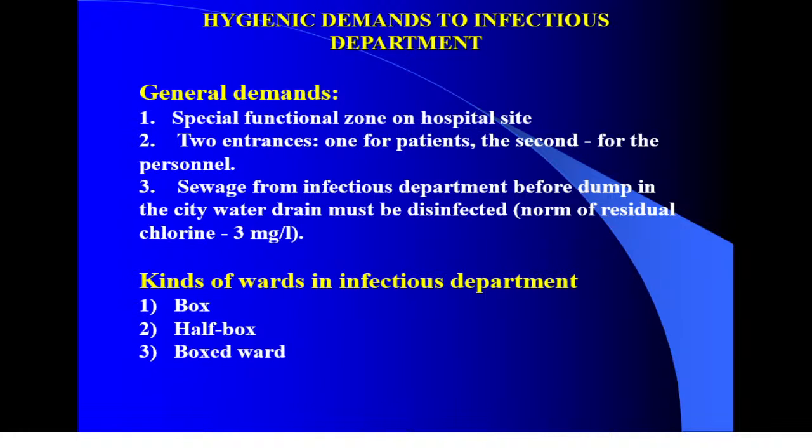Box consists of 4 parts, 4 premises. Properly ward, sanitary room, toilet with wash, and 2 small corridors.